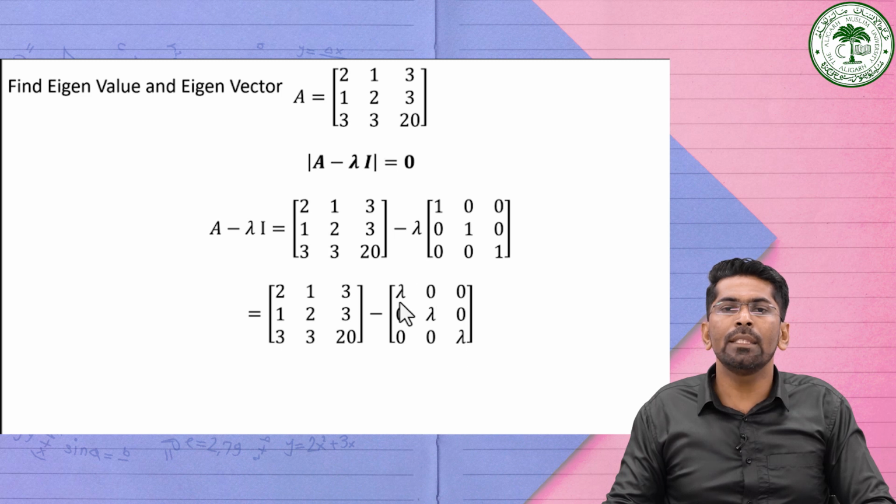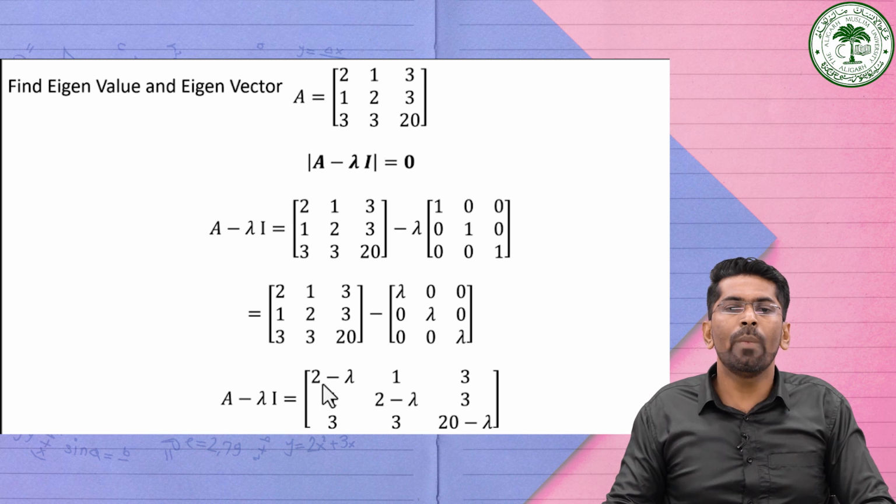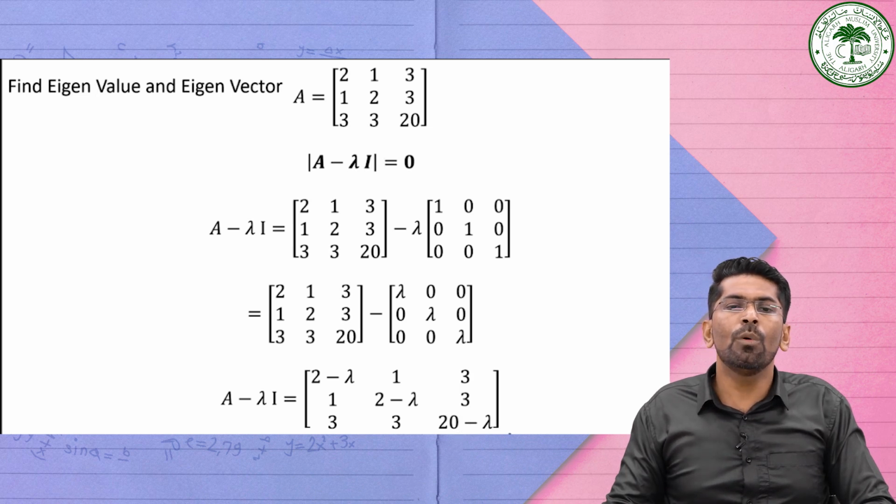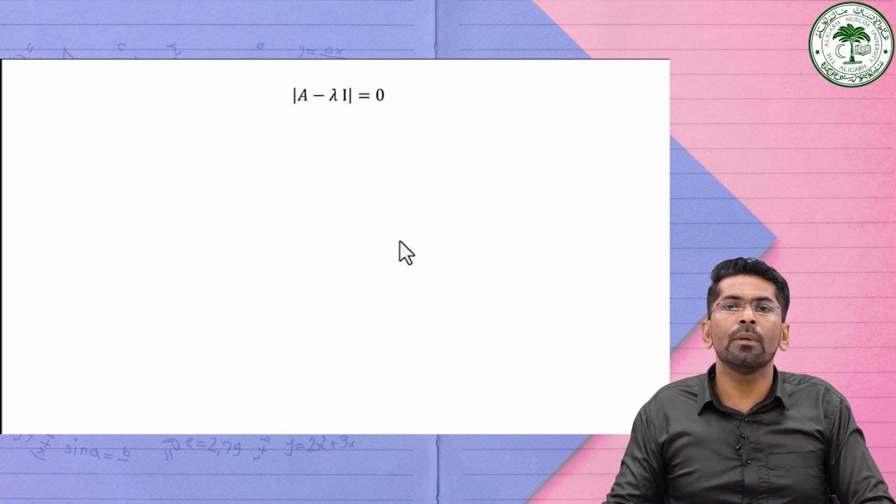Subtracting this matrix from the original matrix A, it becomes 2 minus lambda, 1 minus 0, 3 minus 0, 1 minus 0, 2 minus lambda, 3 minus 0, 3 minus 0, 3 minus 0, 20 minus lambda. So I have reframed this matrix as [2 minus lambda, 1, 3; 1, 2 minus lambda, 3; 3, 3, 20 minus lambda].